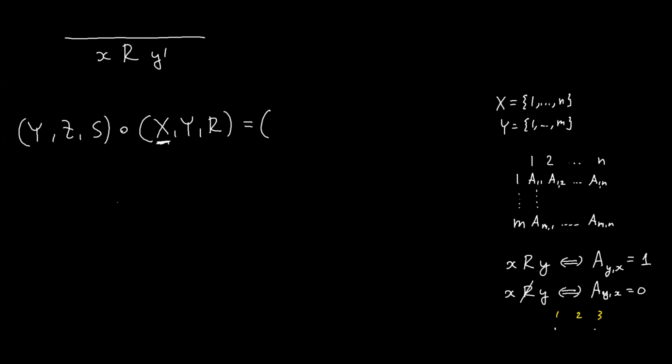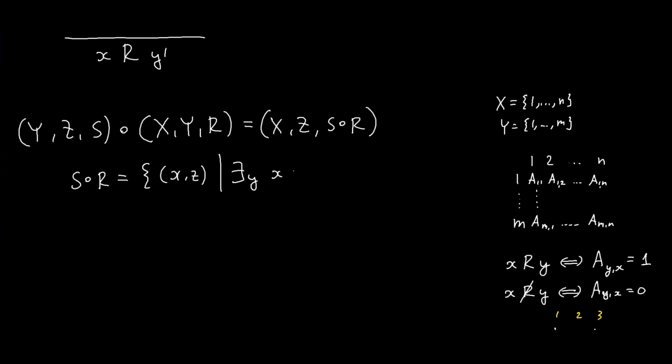So that will be your first dimension, and that will be your last dimension. So it will be x, z here. And then what we put here is called S composed with R, and is defined the following way. It is the set of those pairs xz such that it is possible to find a y that links them up. So x is linked to y with the R relation, and y is linked to z with the S relation.